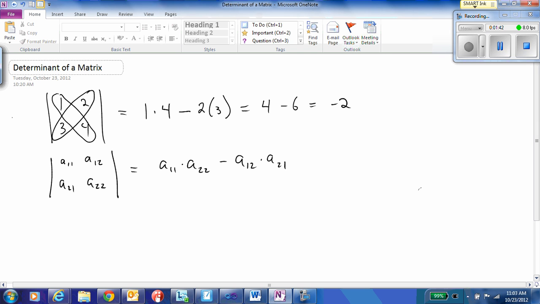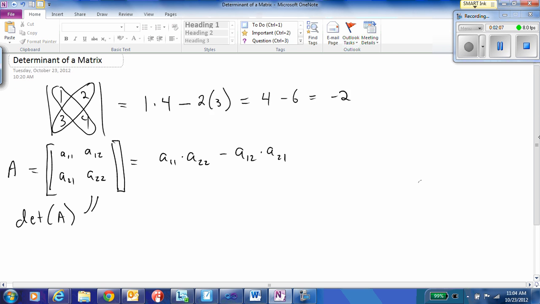So if the matrix A is this matrix, then the determinant of A, you would write it like that. The determinant of A is equal to this. I shouldn't really say that the matrix is equal to that. The matrix would equal this with brackets instead of straight lines.